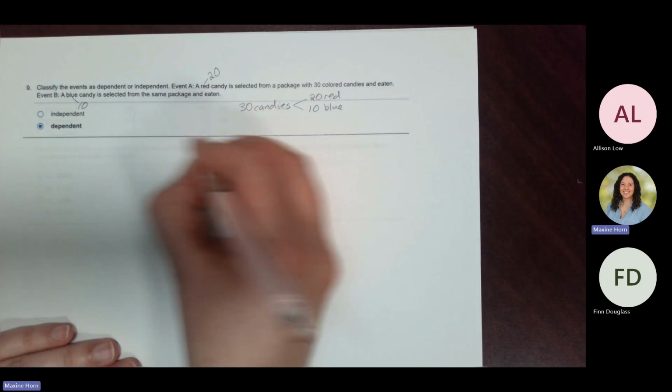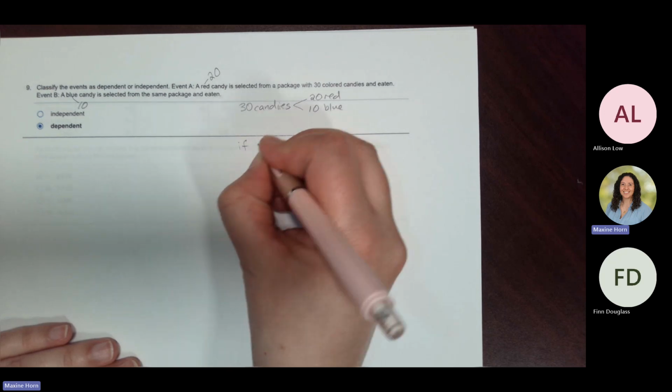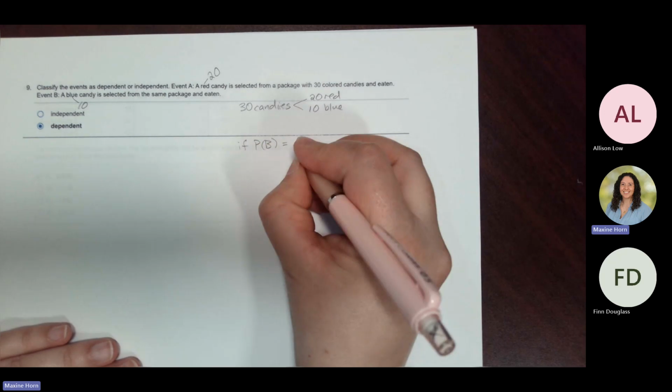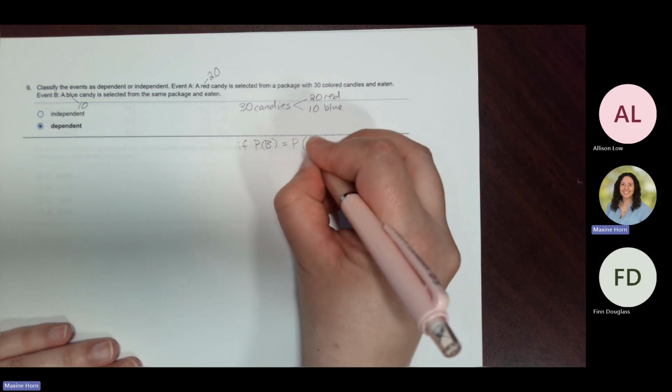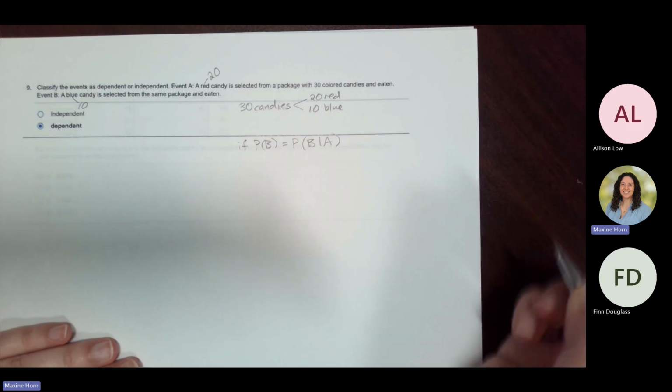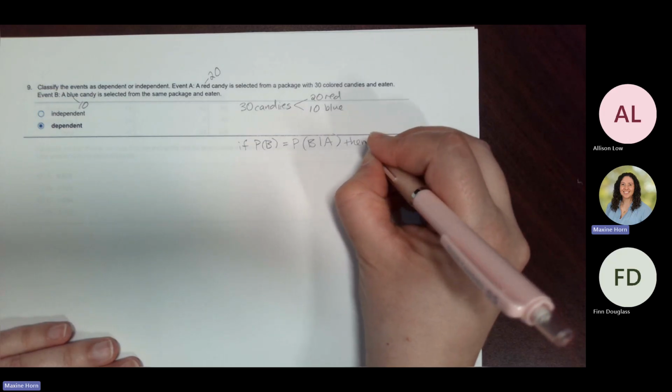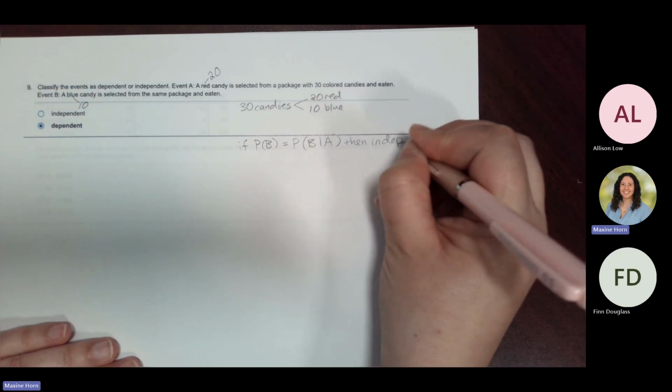So the actual real definition, when we're talking about two events, event A and event B, is that, let me write it over here. If the probability of B is equal to the probability of B given A, which we'll talk about in just a second here, then the events are independent.